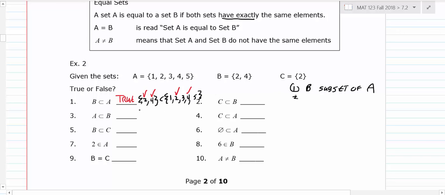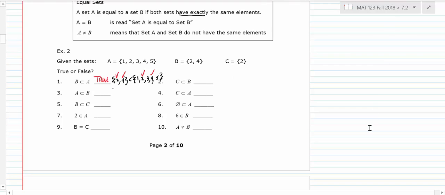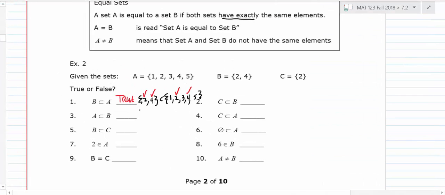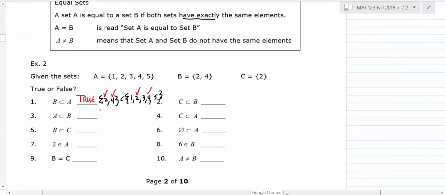Now, if we do this backwards, let's go over to number 2. Number 2 is saying C is a subset of B. Let's write that down and see what that says. I'm going to erase these two things right here. I'm going to do a little bit of my scratch work over at the side as I do this, because you can do these problems in your head. I'm just showing you something that could help you reason this out if you're not sure what question to ask yourself.